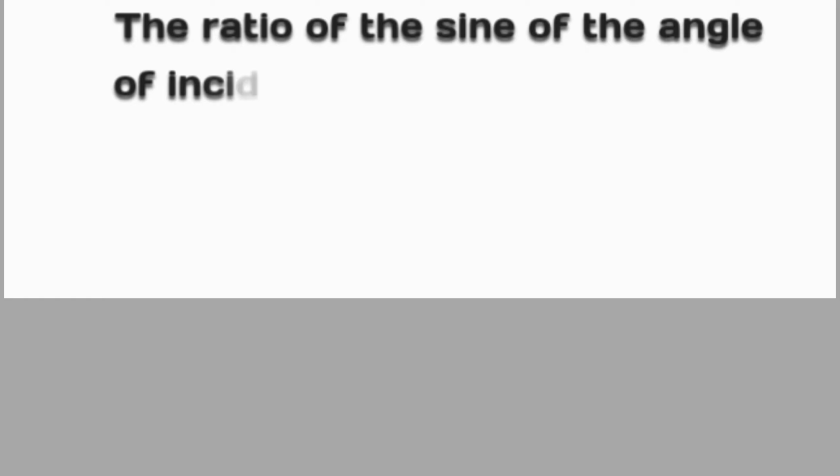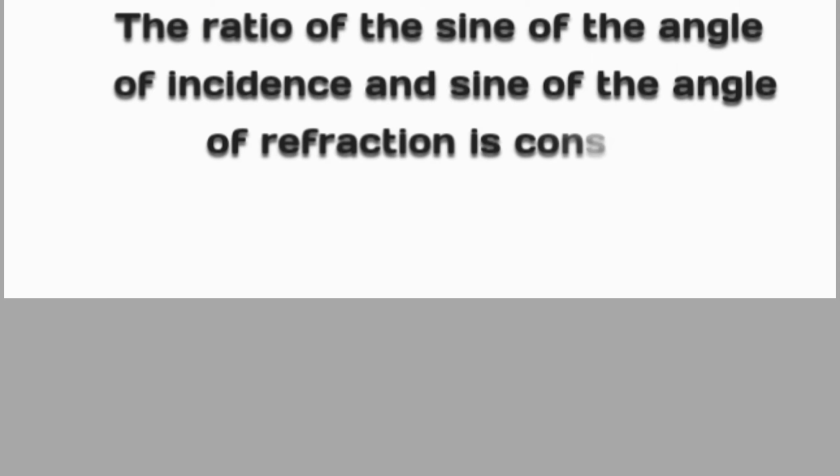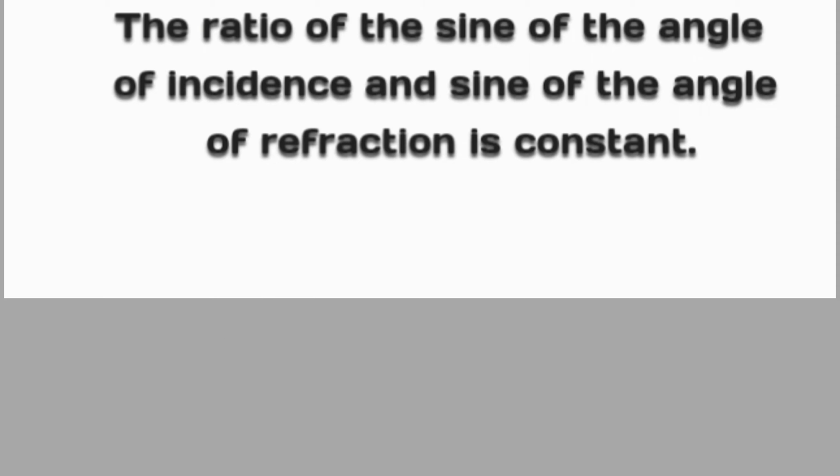In any situation where refraction takes place, the ratio of the sine of the angle of incidence to the sine of the angle of refraction always gives a constant value. That is the second point of the laws of refraction. If we measure the angle of incidence and angle of refraction for an incident light ray, the ratio between the sine value of the angle of incidence and the sine value of the angle of refraction gives a constant.